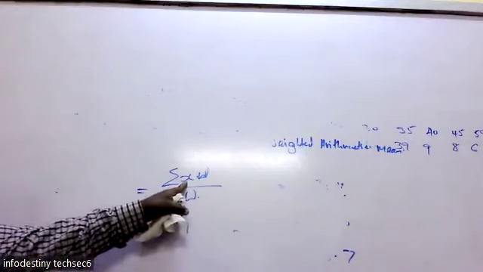And the top is the sum of the product of the items and their corresponding weights.